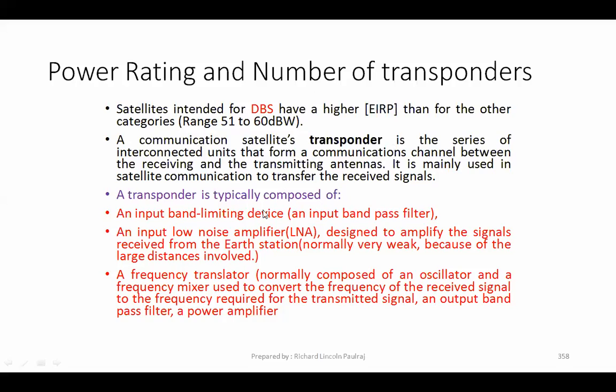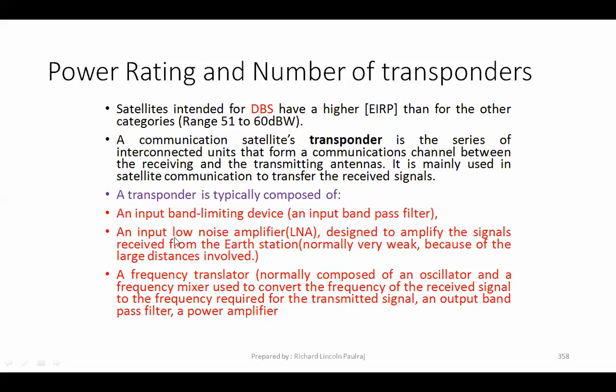It is actually composed of a band limiting device, a low noise amplifier, and a frequency translator. So all these three are the important sections of a transponder. An input band limiting device, which is a band pass filter.